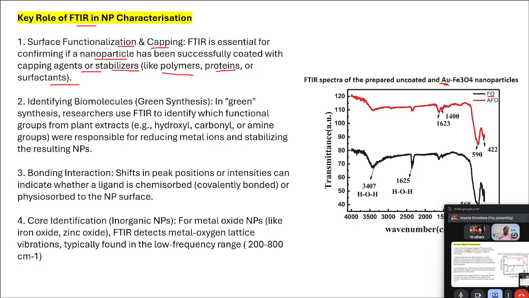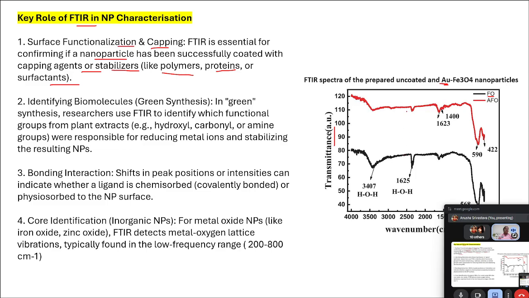So this is gold coated iron oxide nanoparticles. When you compare the FTIR spectra of these two different nanoparticles, you would see the difference in the peak position, the peak broadening, and the transmittance intensity as well.